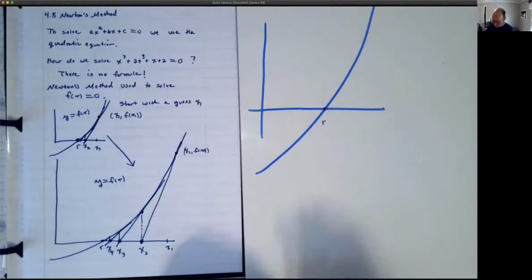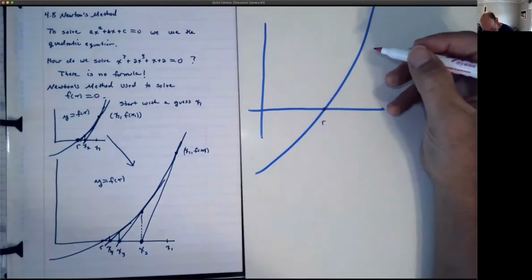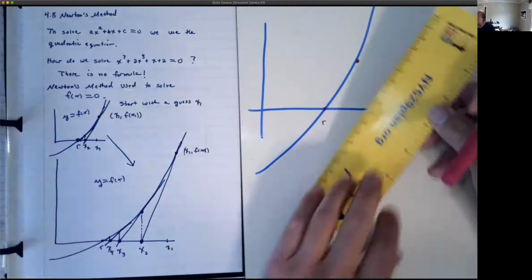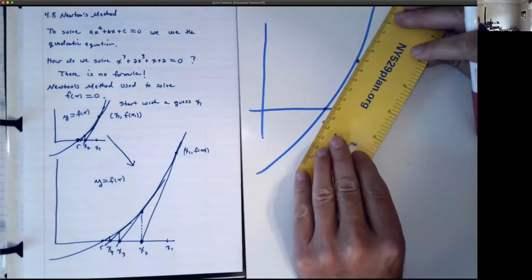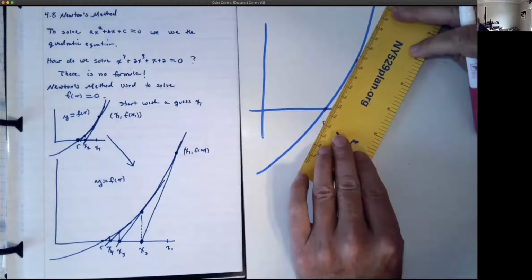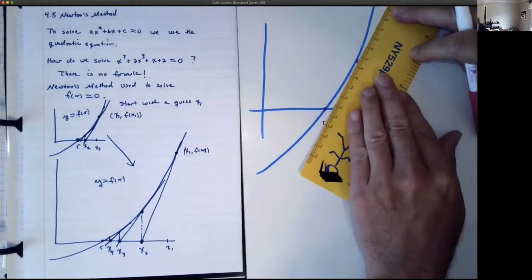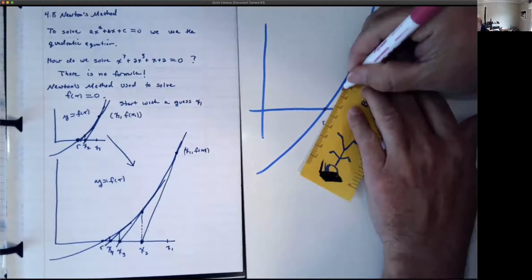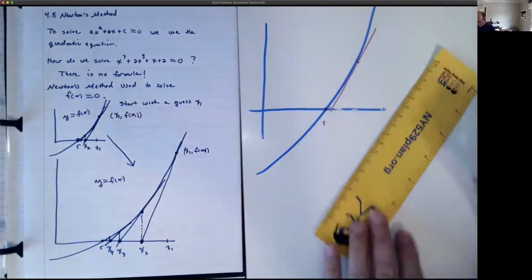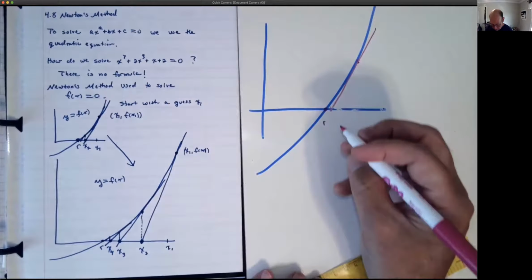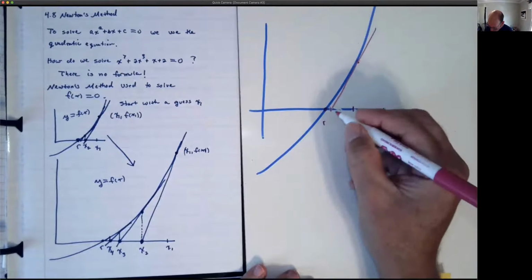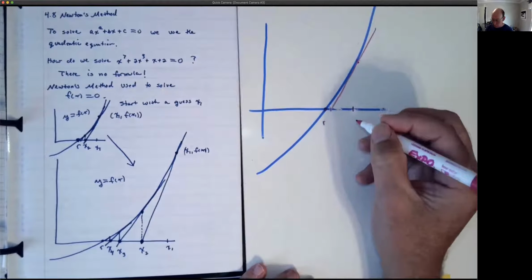We learned in our linearization chapter that we can approximate the graph by a tangent line. So let's draw our tangent line. Notice that it gives us an answer, but the answer is not the exact answer that we're looking for.